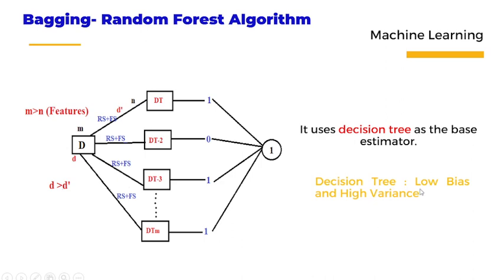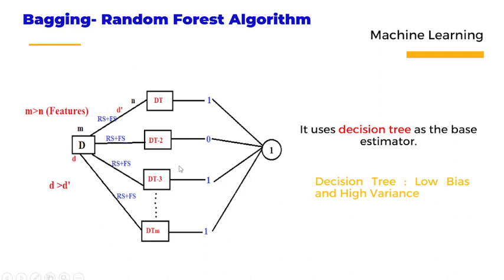Suppose I create the decision tree to its complete depth; when I do that, it has two problems: low bias and high variance. Low bias means it will train properly on the training data set, and the training error will be very small. With the high variance problem, whenever we get new test data, those decision trees are prone to giving a large amount of error.